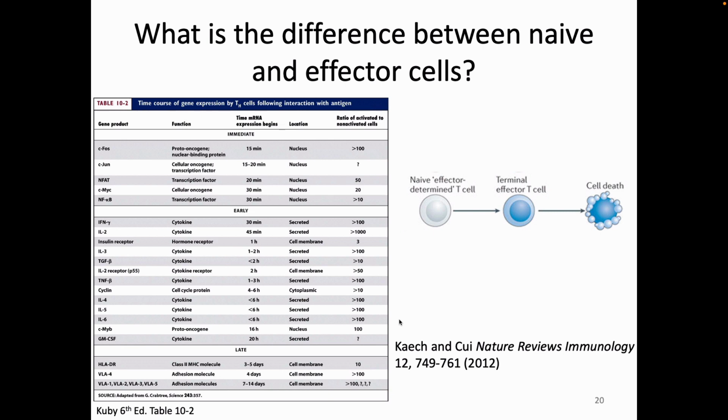Instead, that cell is going to have some kind of trafficking proteins that send it to a tissue. If it was, say, a SARS-CoV-2 specific T cell, it might now have the right trafficking proteins to go to the lung. So it loses the trafficking proteins to go to the lymph node, and it gains the ones to go to the lung.